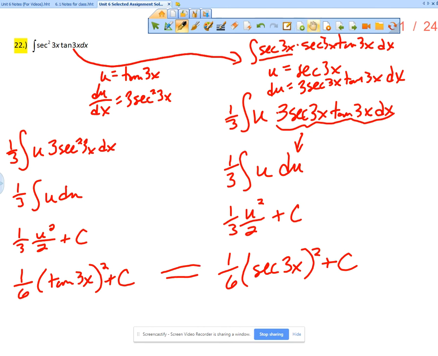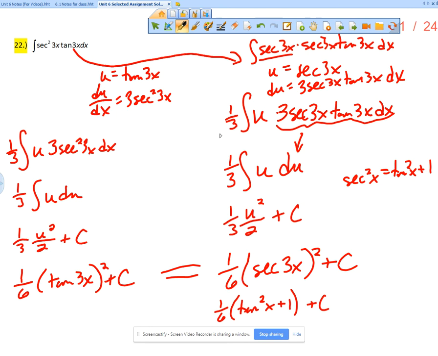The fact is that they are equal, because secant squared of x is equal to tangent squared x plus 1. So if I were to substitute out the secant squared of 3x and put in tangent squared plus 1, let's say I have 1/6 times the tangent squared x plus 1, plus c.